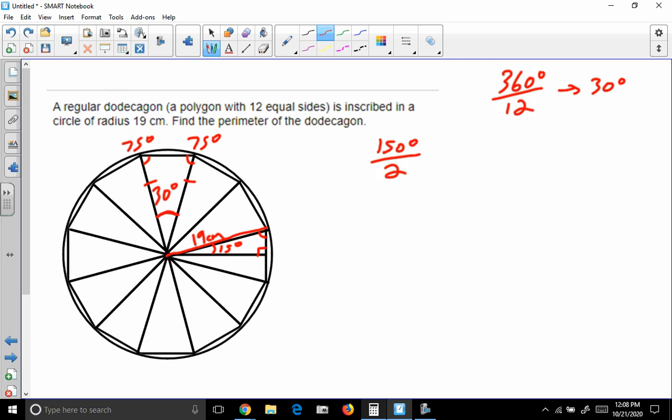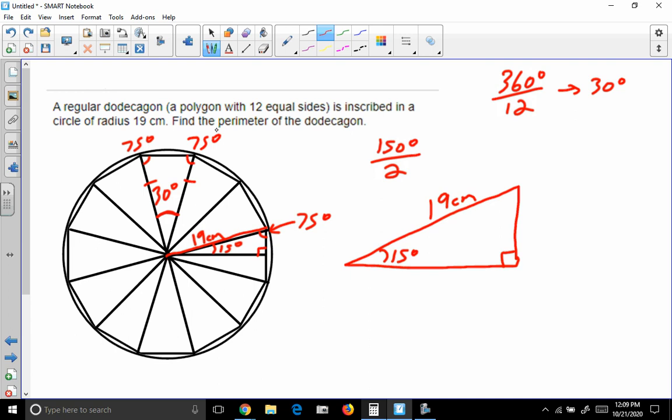And then we now can find out that that's 75 degrees there. We'd already found that out by the isosceles triangle. But even if we didn't know that, this is 90. If that's half of 30, that's 15, and then we could deduce that that's 75. So I'm going to enlarge that little triangle there. 19 centimeters here, 15 degrees here.